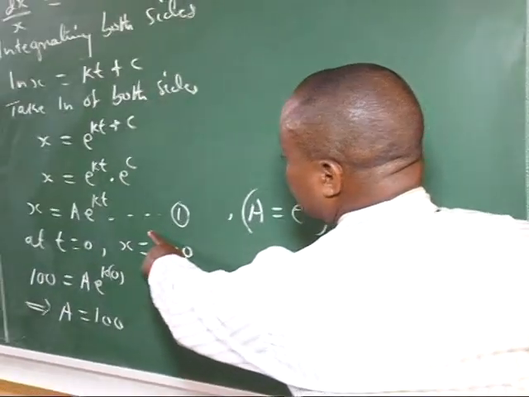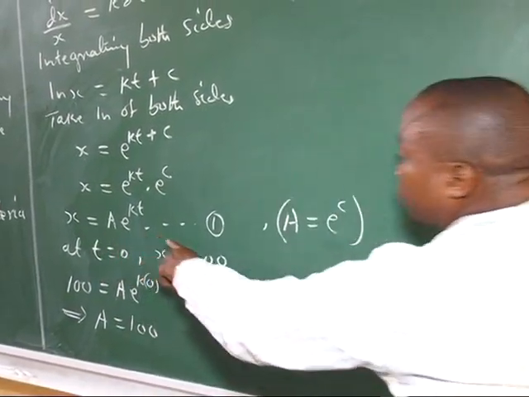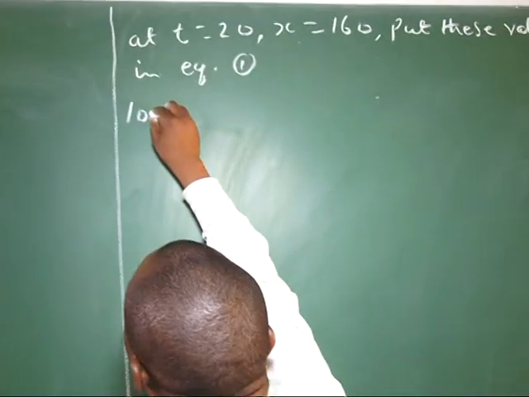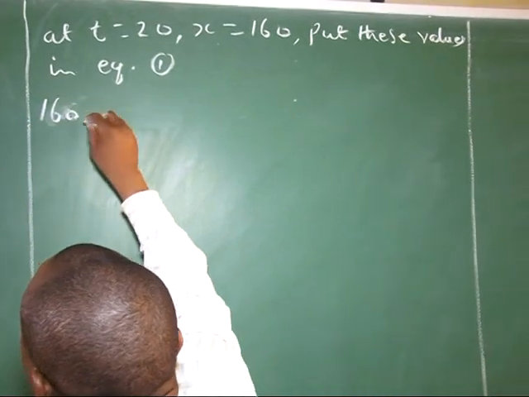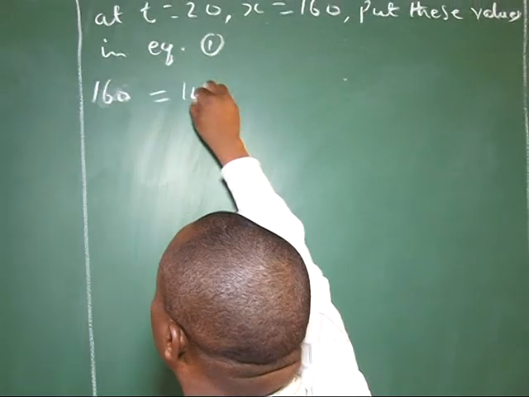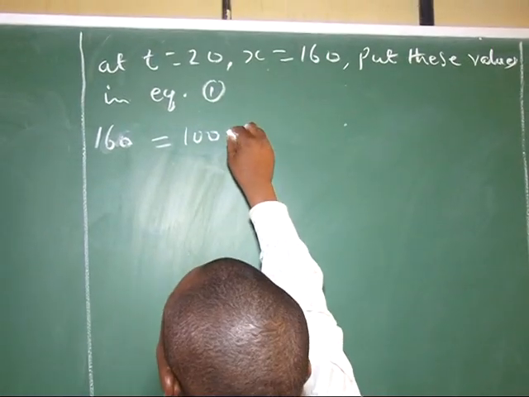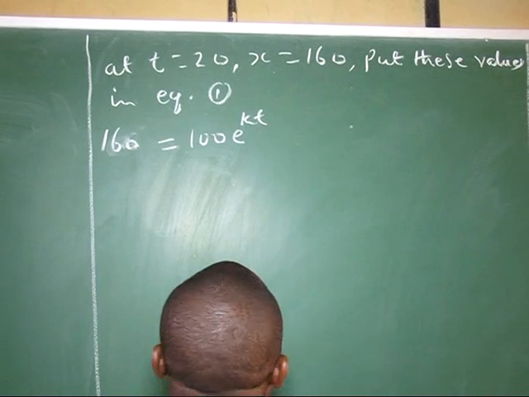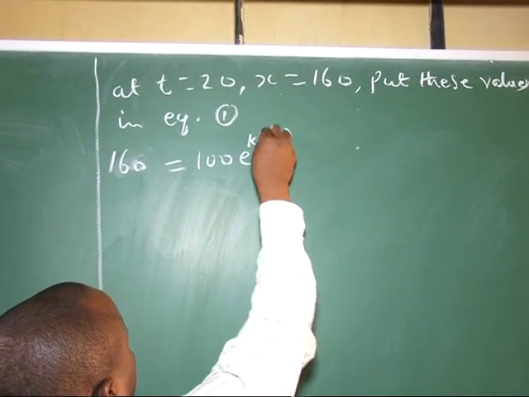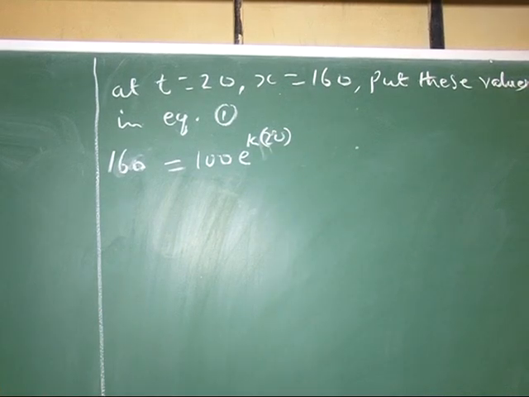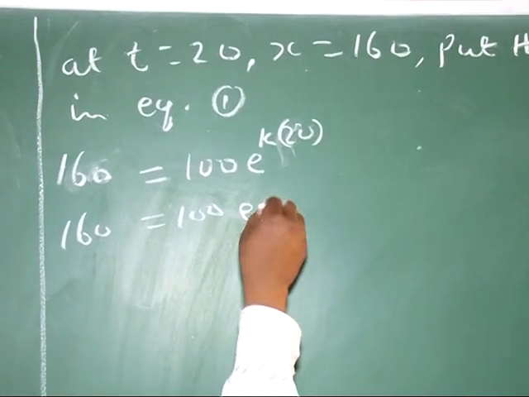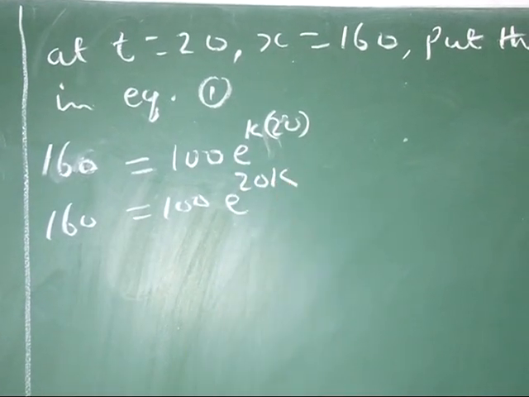I've told you that we will be making use of equation 1. So when we do that, we have 160 equals A, and A is 100 that we have seen, and then exponential kt. Of course, t here is 20, which means we have 160 equals 100 exponential 20k.